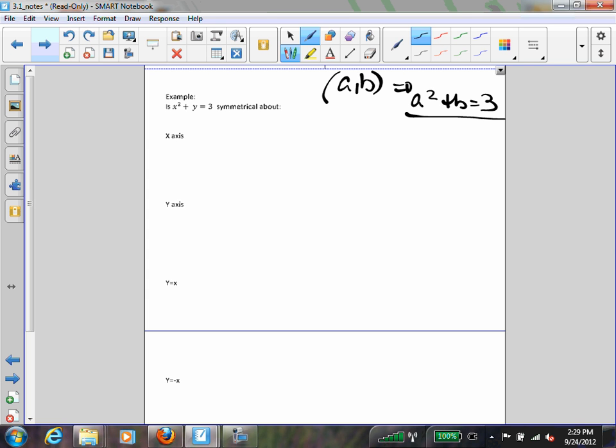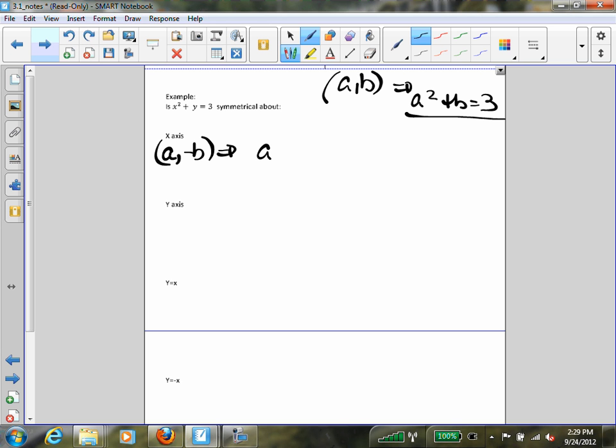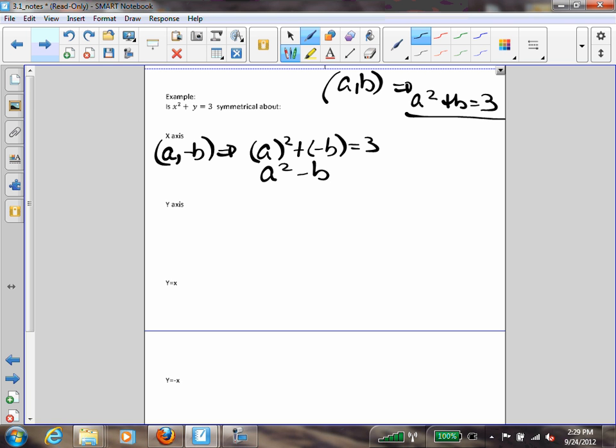Now, for it to be symmetric around the x-axis, what else do I have to compare it to? Okay, a and negative b. So when we plug that in, we're going to have a squared plus negative b equals 3, which is a squared minus b equals 3. Does that work? No, because I'm supposed to be getting a squared plus b equals 3, right?